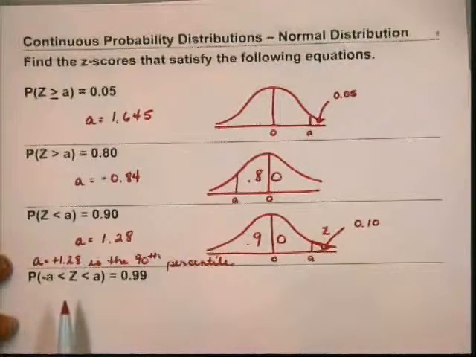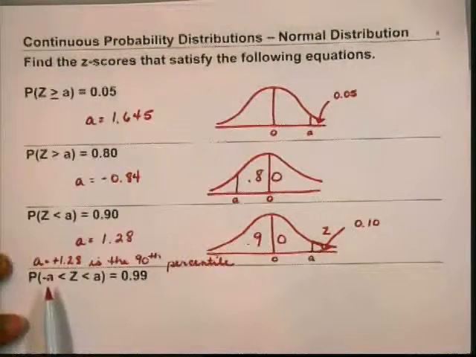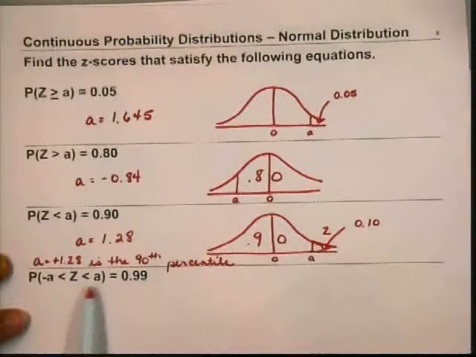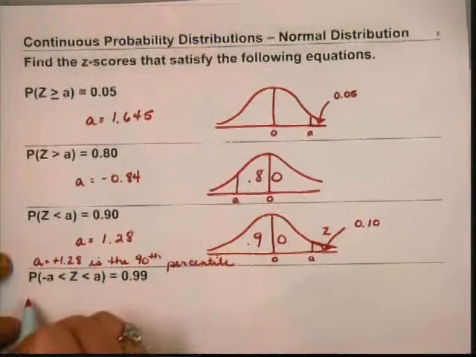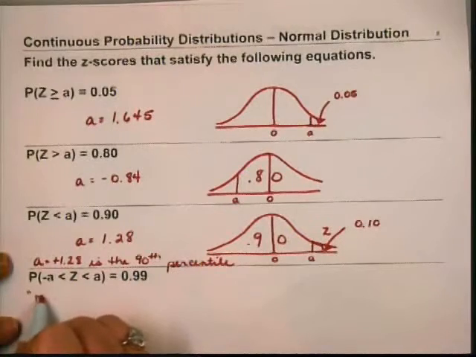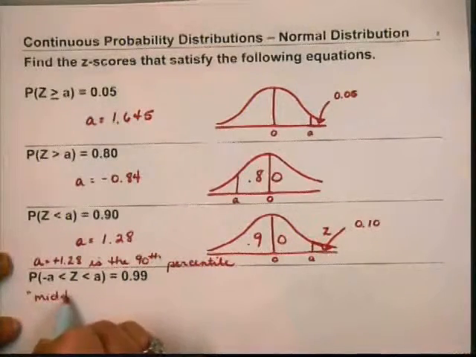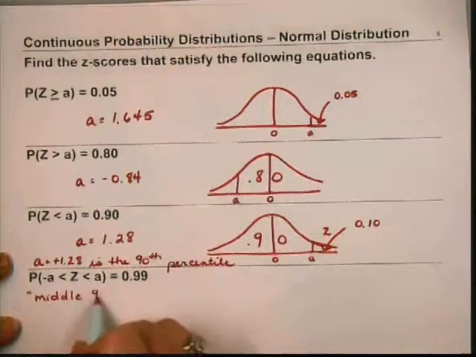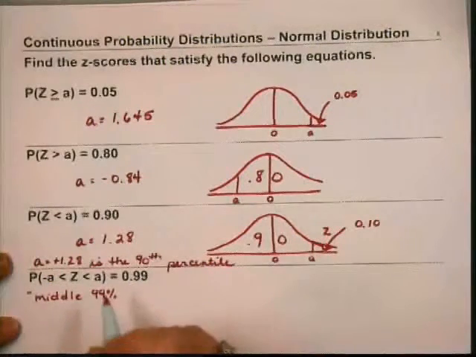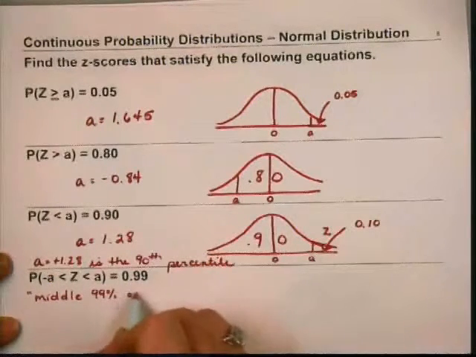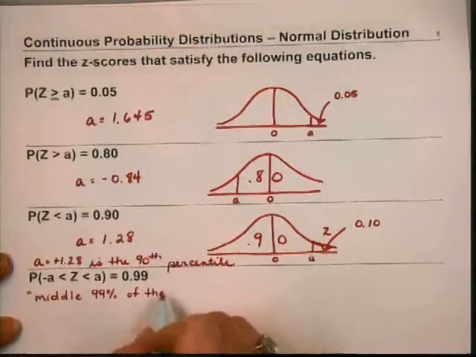All right, here we want to find a value of A such that negative A up to positive A, that area is equal to 0.99. So here we're looking for the middle 99% of the data.